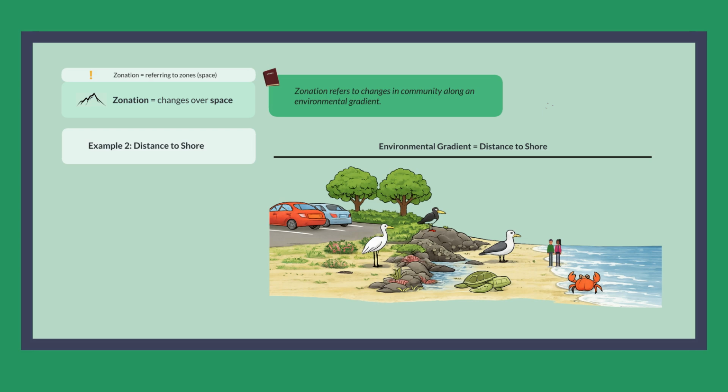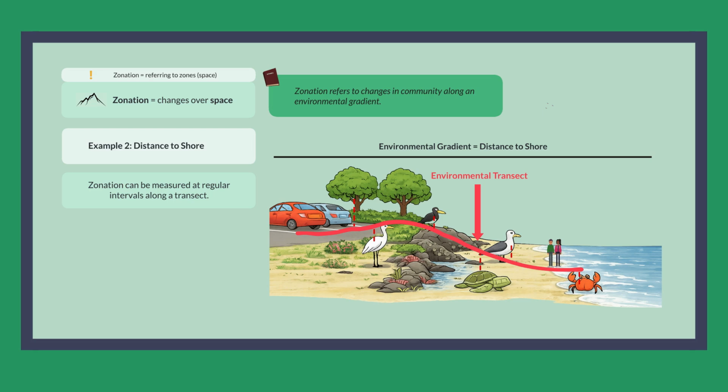These changes in community can be measured using a transect, which is simply a line laid out along the environmental gradient. In our beach example, that line would run from the parking lot all the way to the water's edge. Zonation can then be measured at regular intervals along that transect, meaning you can see where, along that environmental gradient, which organisms live.